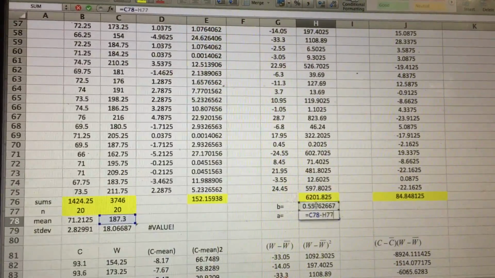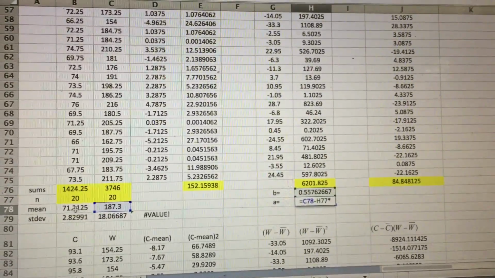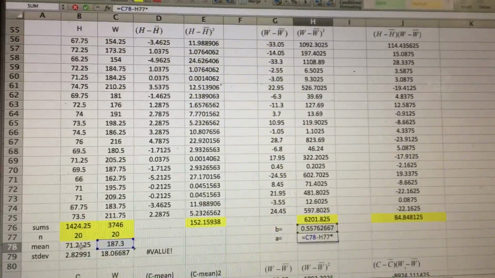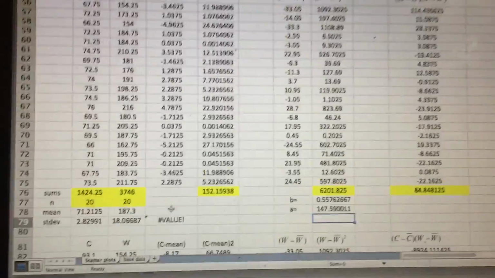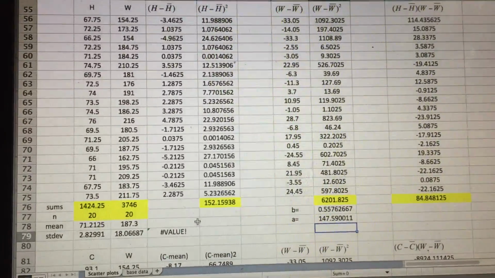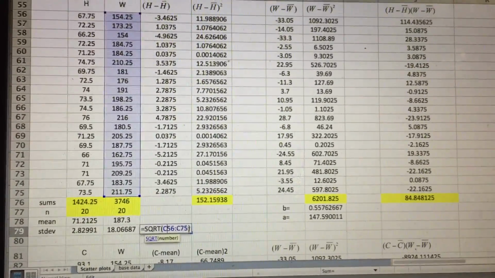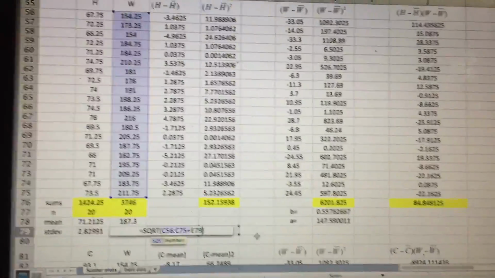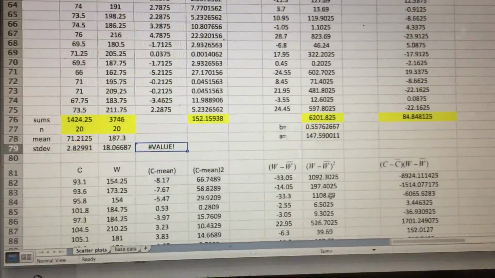The b, this is the b, times the x mean, which in this case is our height, our independent variable's mean. And then there we go, 147.590011. Okay, so that's it for, let me get rid of that. Anyway, that's how we get the A value.